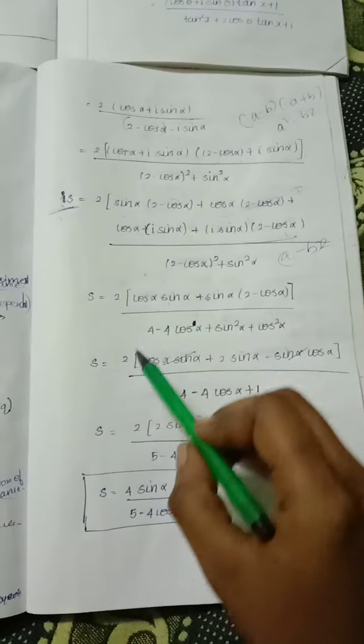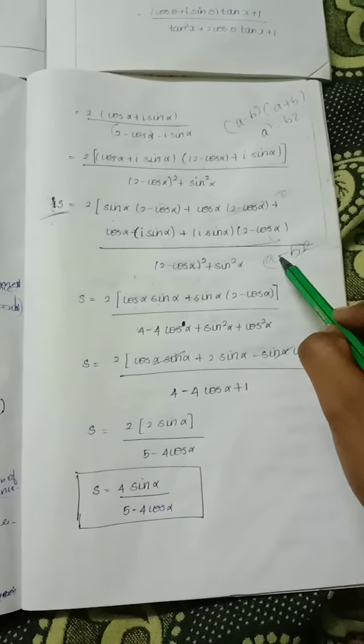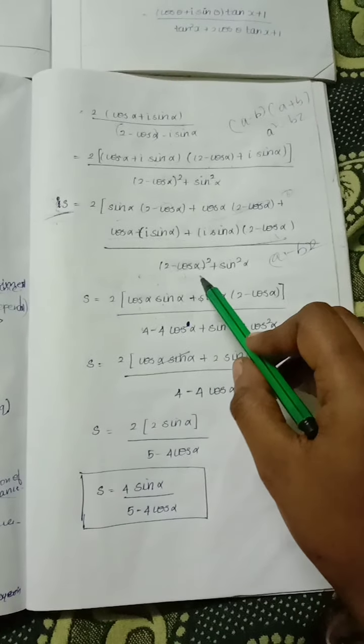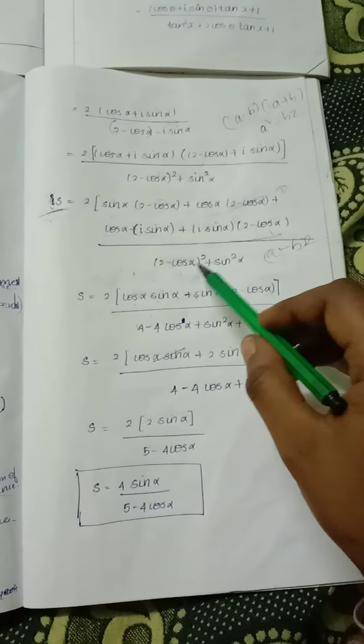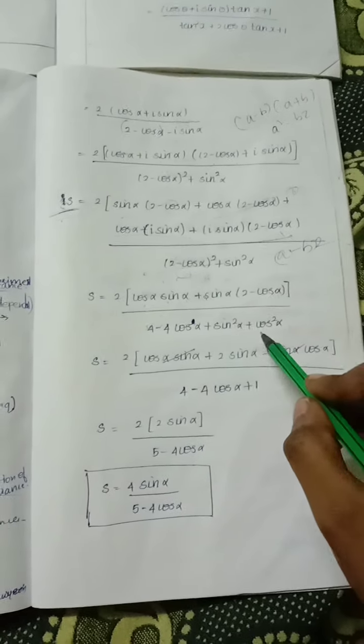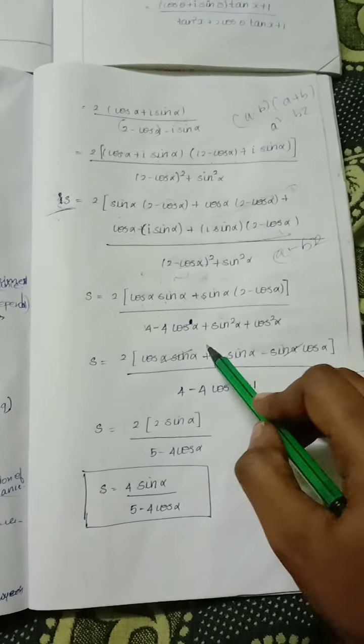The formula is a squared - 2ab + b squared, that is 4 - 4 cos alpha + cos squared alpha + sin squared alpha.